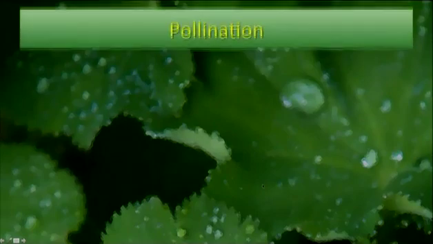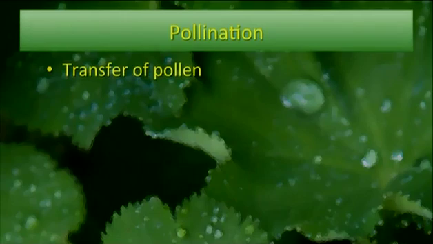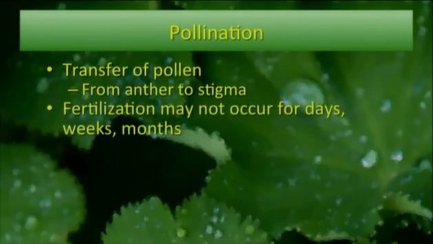Now, what is pollination? Pollination is merely the transfer of pollen from an anther to a stigma. Fertilization may not occur for days after pollination, or weeks, or even months after pollination, depending on the species, depending on how their individual metabolism is.